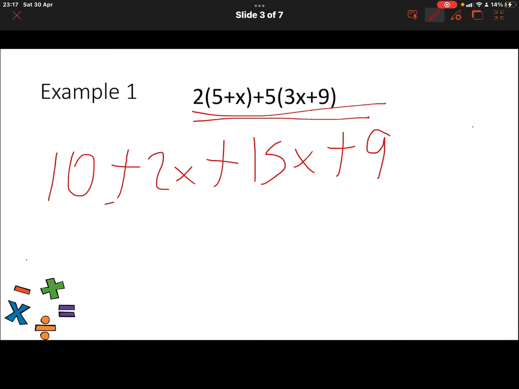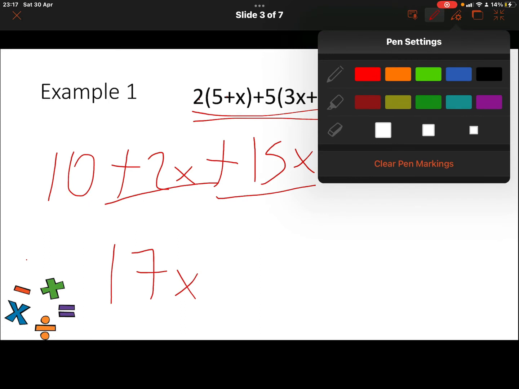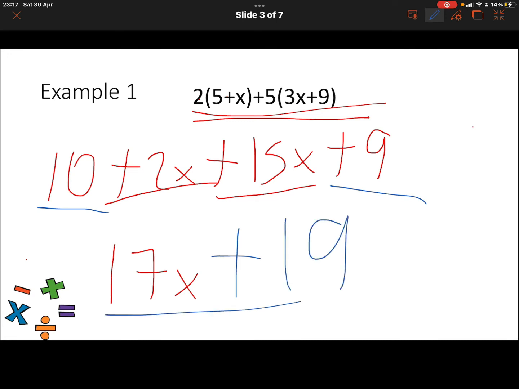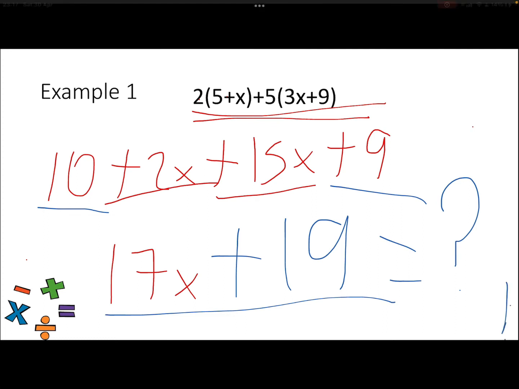So we have a plus 2x and a plus 15x. So I'm just going to add them together. That's 17x. We know it's a plus, so we can just plus now. These are both pluses, 19, and that equals question mark. We don't know what it equals, right?